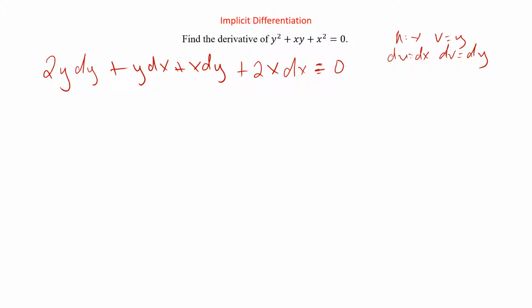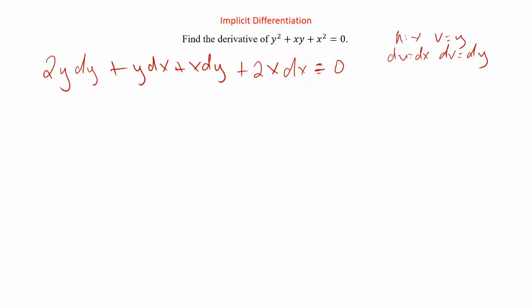So now we've taken the derivative of everything with respect to all the variables. Every one of these terms will have either a dy or a dx, because if it didn't, that meant it was a constant and it would be 0. So we're going to move all the dy's to one side, all the dx's to the other side.